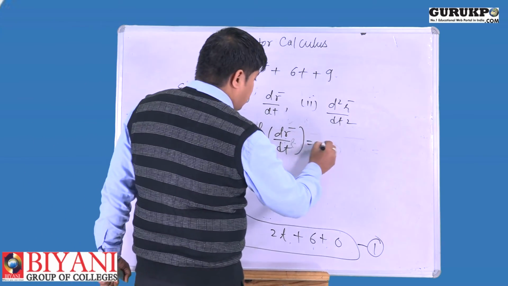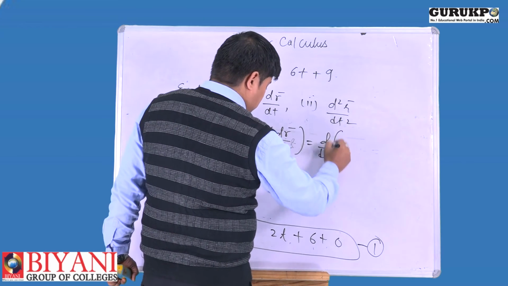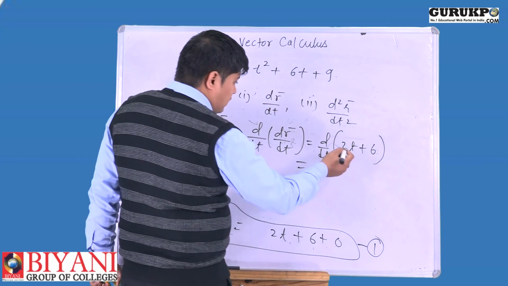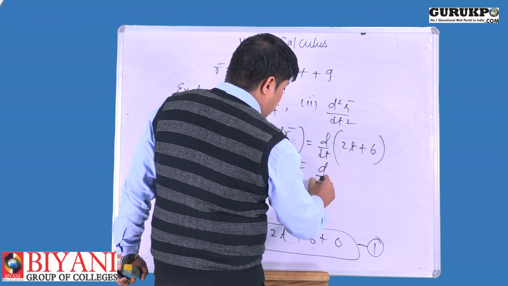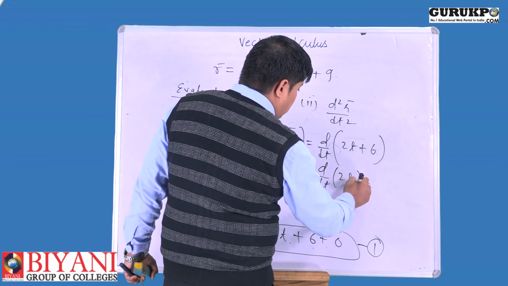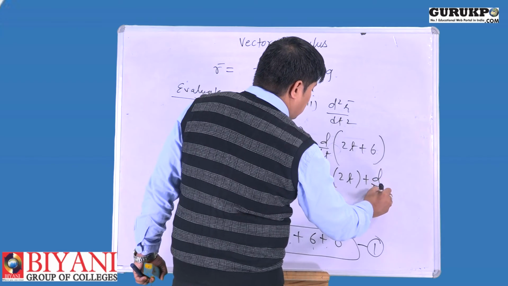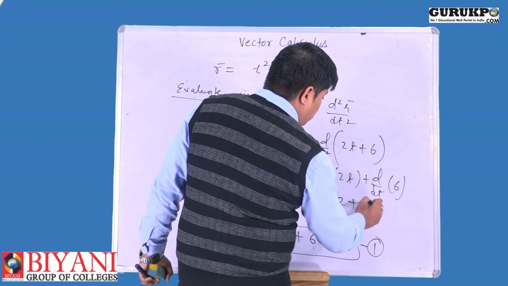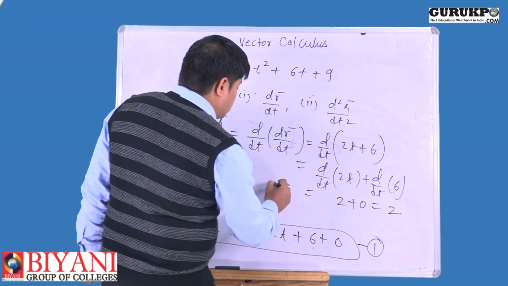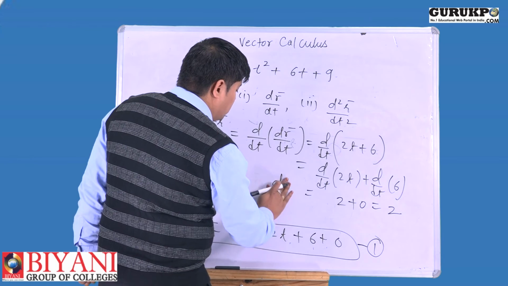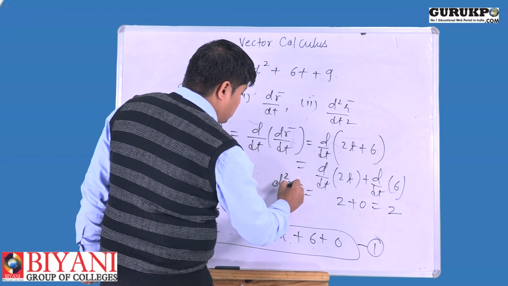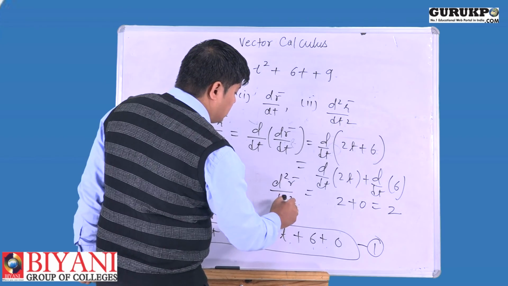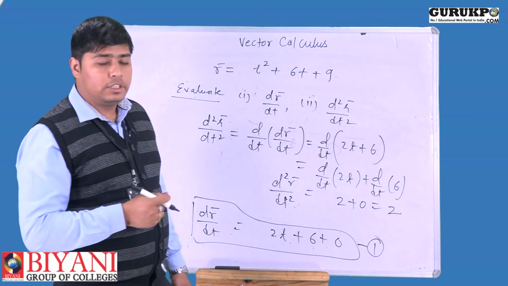So d by dt of 2t plus 6, which is d by dt of 2t plus d by dt of 6. So it is 2 plus 0, which is 2. Then the second derivative d2r by dt square is a constant, which is 2.